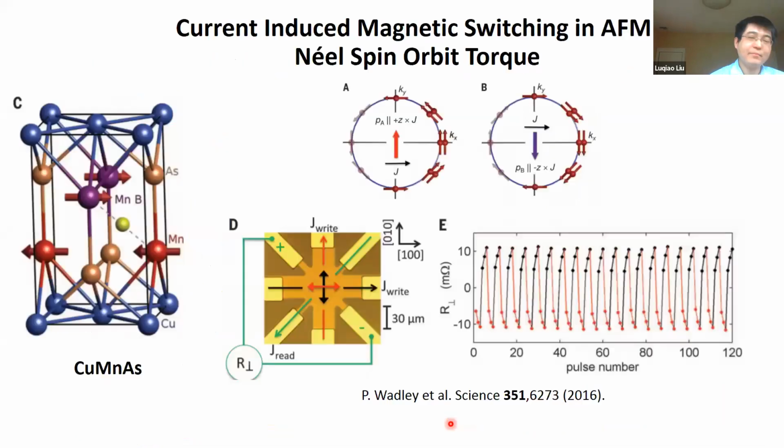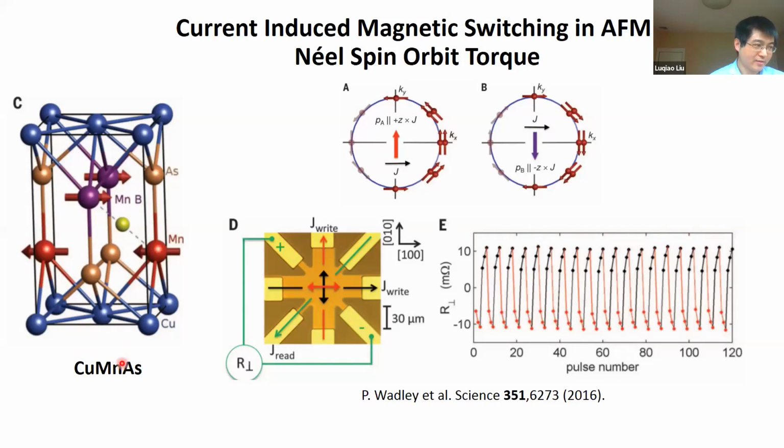A very important breakthrough happened a few years ago in Professor Jungwirth's group, where they did a very important experiment showing this unique opportunity that inside an antiferromagnet, you can still utilize current to realize efficient magnetic switching. This is realized through a mechanism called Néel spin-orbit torque. Specifically, you need a material which has some unique symmetry.